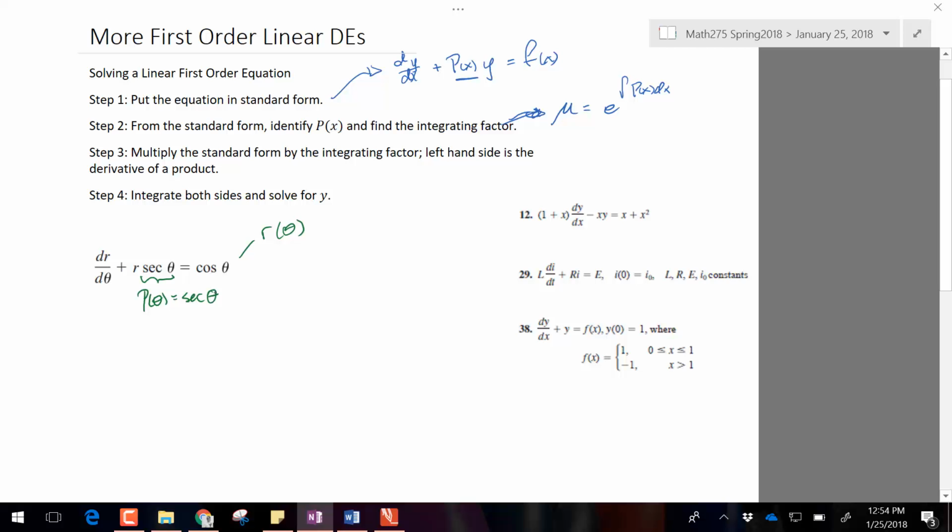So that's what we want to identify in the second step, and we're going to go ahead and find the integrating factor. So the integrating factor is going to be e to the integral of secant theta d theta. Oh boy, do we know what that is? e to the ln of secant theta plus tangent theta.